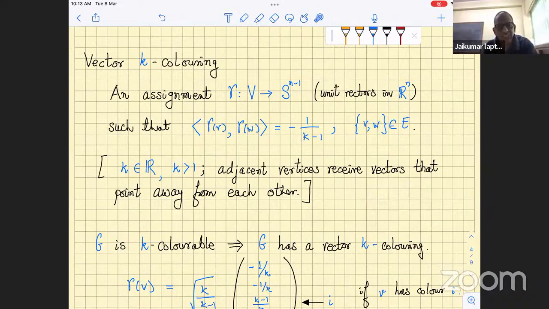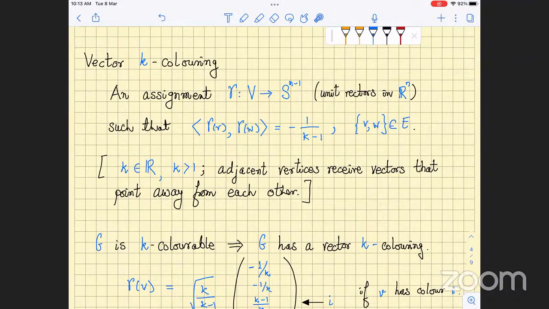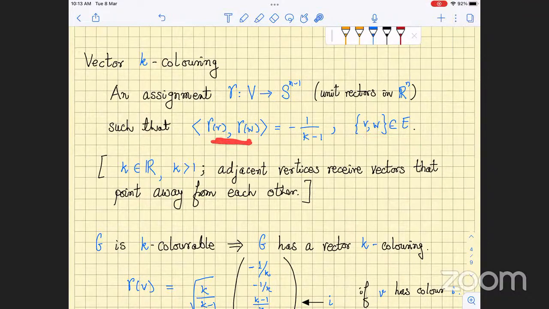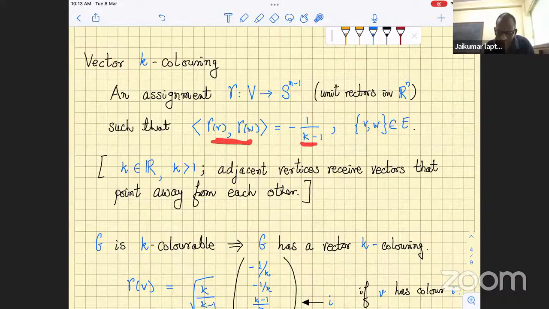We assign all vertices on the left the vector +1 going in the plus direction on the x-axis. There is only one axis, and all vertices on the other side we assign -1. Now what happens to the dot product? Whenever two vertices are adjacent, what happens to their dot product? -1. And what value of k will lead to -1 here?